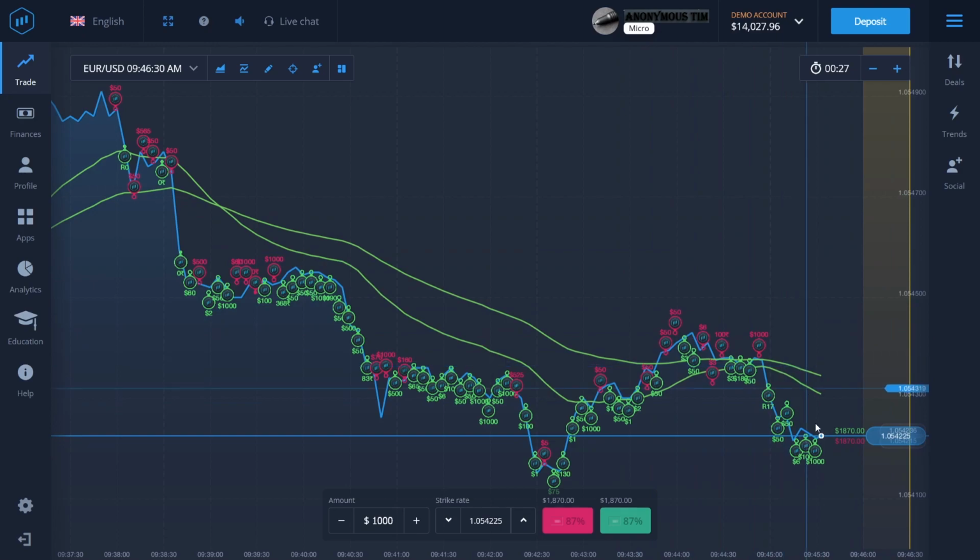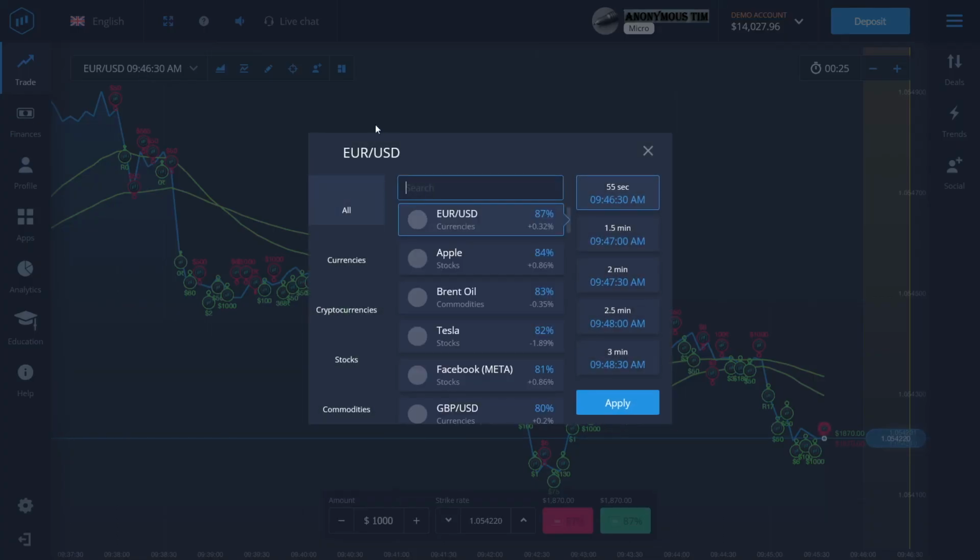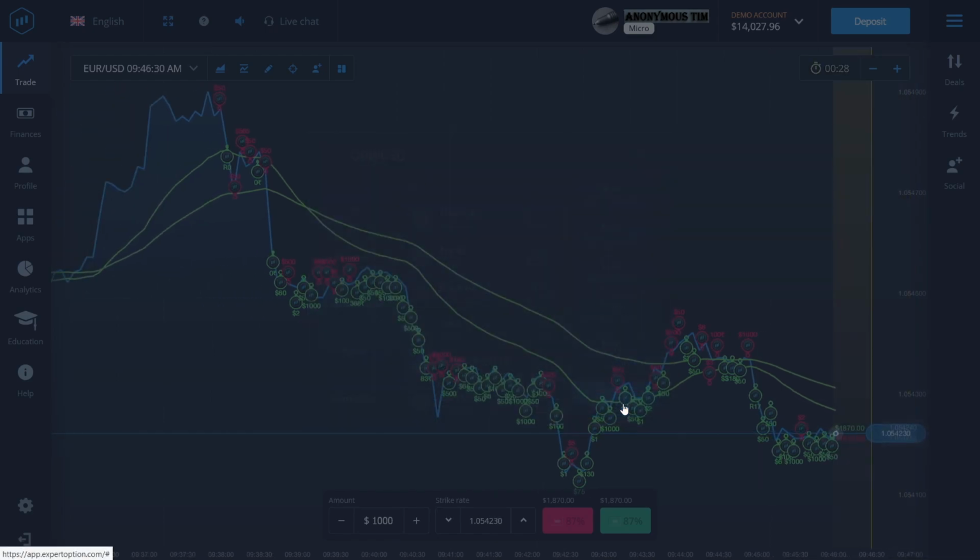In the meantime, I can try to check other markets. So the euro versus the USD is the only forex market still open at the moment. The others are, oh wait, we have the GBP versus the USD. I don't like trading on commodities, so let me check the GBP versus the USD and select 5.